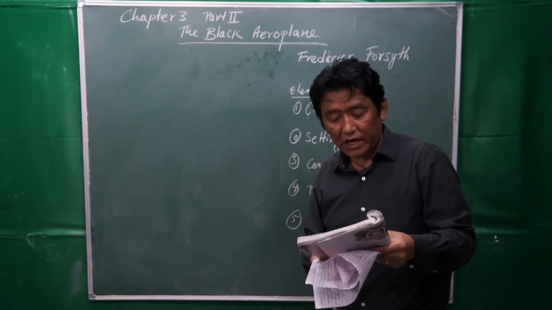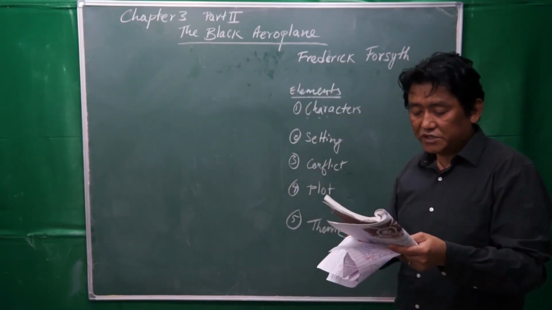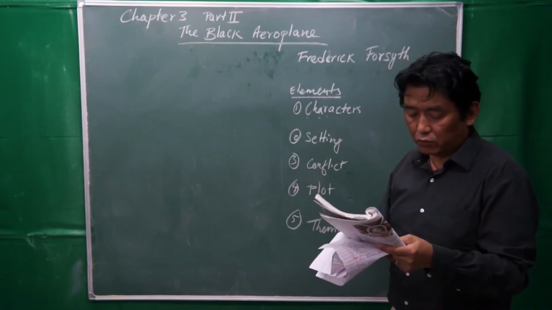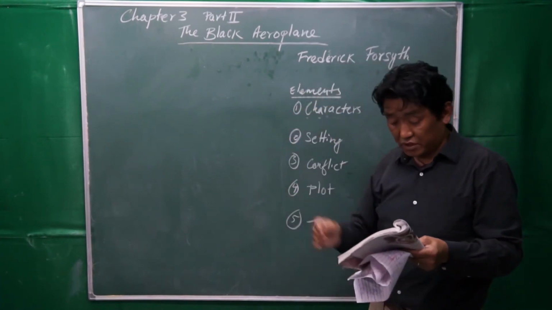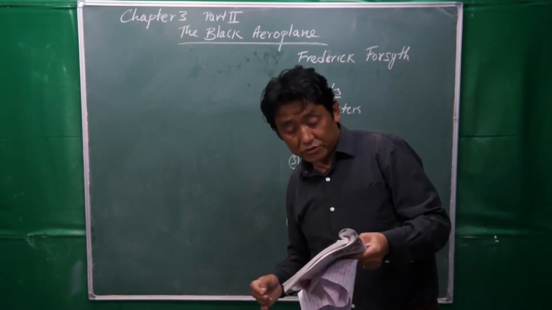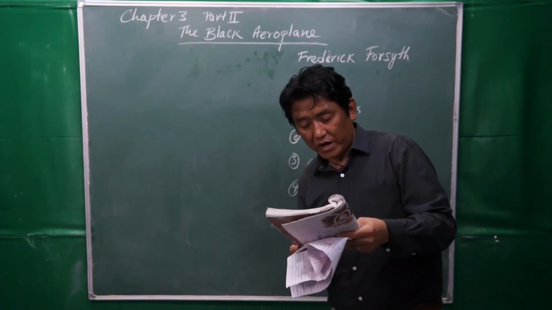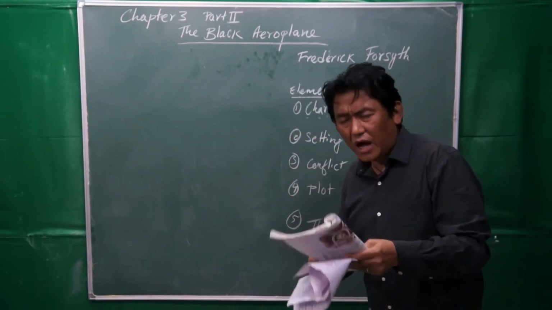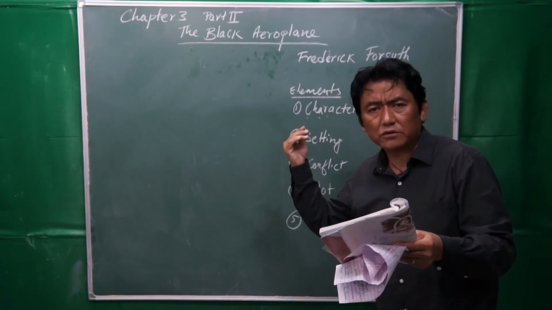And then what happened? On the next paragraph here, I landed and was not sorry to walk away from this old Dakota near the control tower. He went straight to the control tower, and then he went there to ask the woman. The woman was there in the control tower, right? And he asked where I am now, and who is that other pilot who helped me?